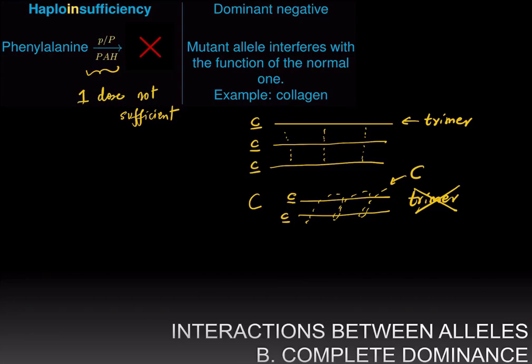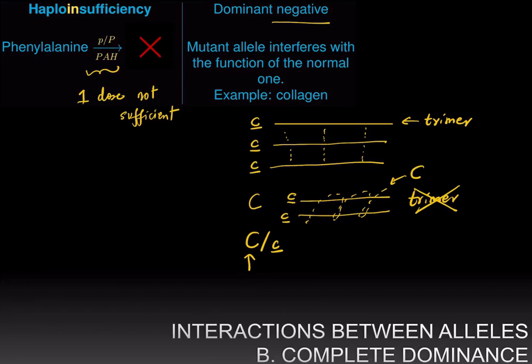And therefore this allele big C affects the function of the wild type protein in a negative manner, and causes a dominant phenotype, because you only need one copy of the big C allele in order to interfere with the normal trimer formation of collagen and to give you a mutant phenotype. And this is the second mechanism by which you can get complete dominance.